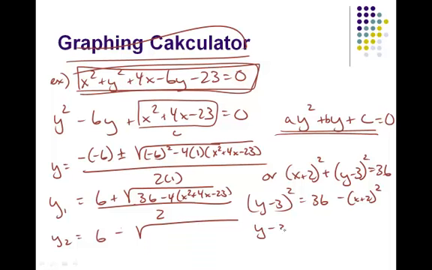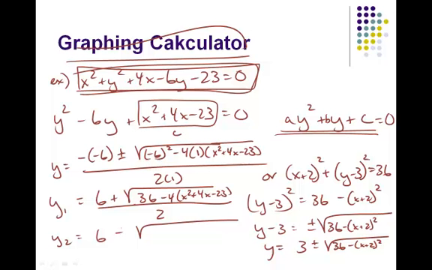I can take the square root of both sides, and I can add 3. And if I put those in again, my plus as my Y₁ and my minus as my Y₂, I will get the same circle out of the graphing calculator.